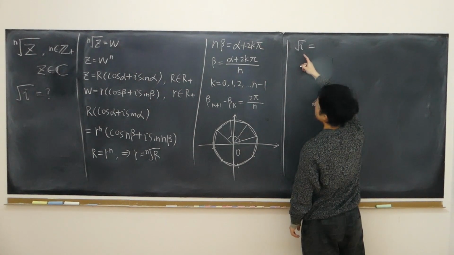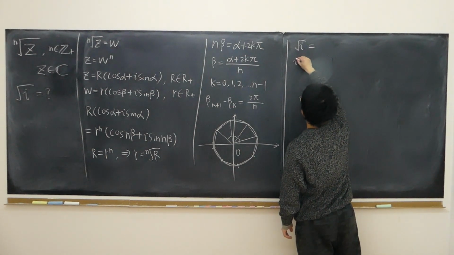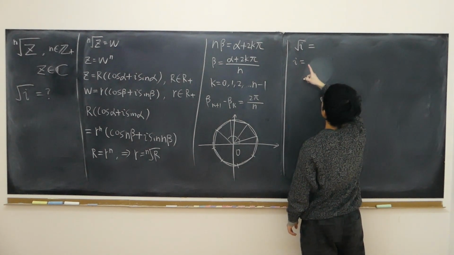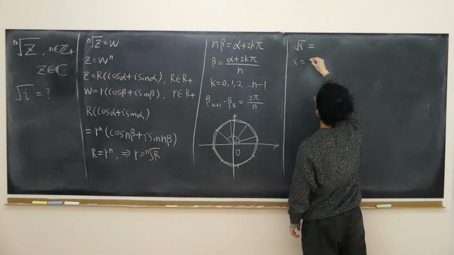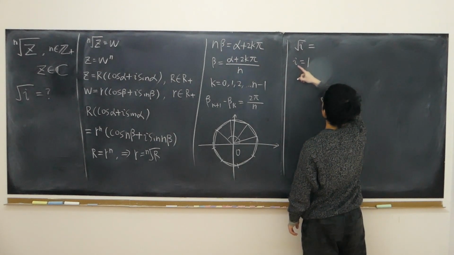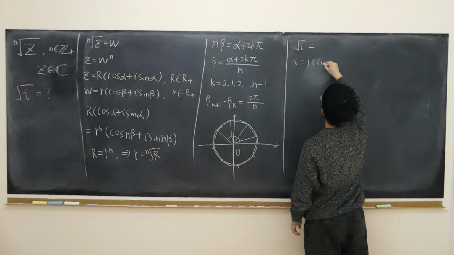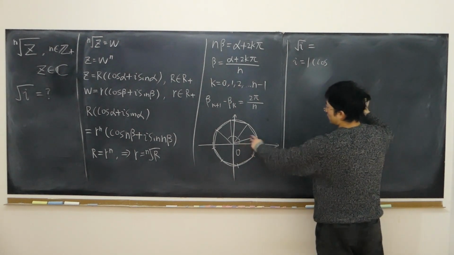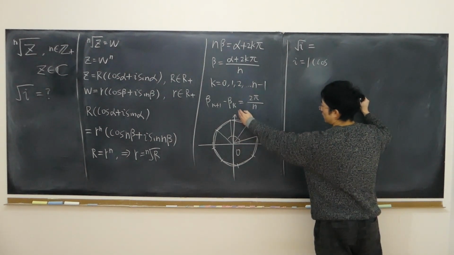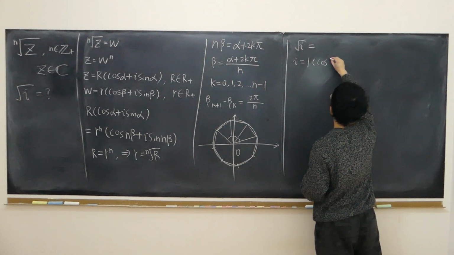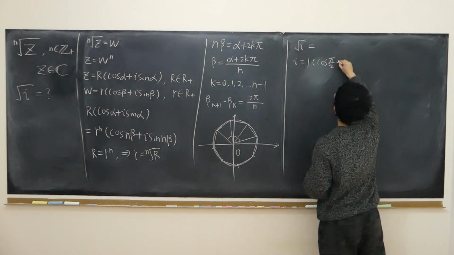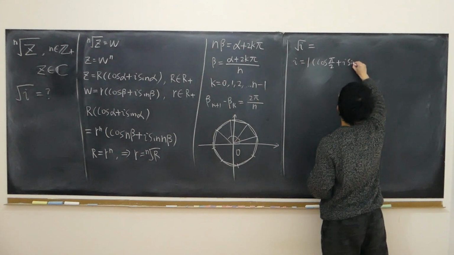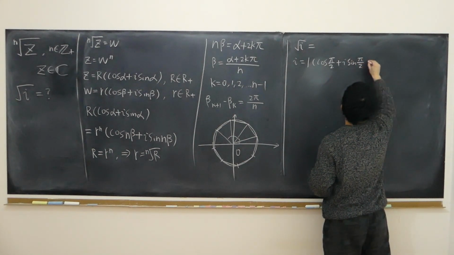So for example, i is the original complex number written into trigonometric form, capital R is just 1, length is just obviously 1 times cosine. What's the angle of this complex number? No real part, only imaginary part. Obviously, the angle is pi over 2, plus i sine pi over 2.